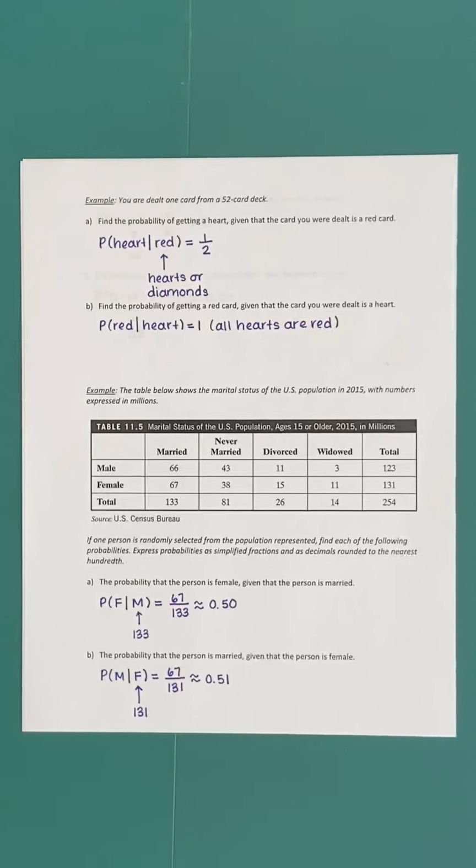So having this conditional probability, the probability conditional on something else having already happened, does change whether or not that event is likely to happen or whether it's unlikely to happen, just based on the fact that these two events are dependent.